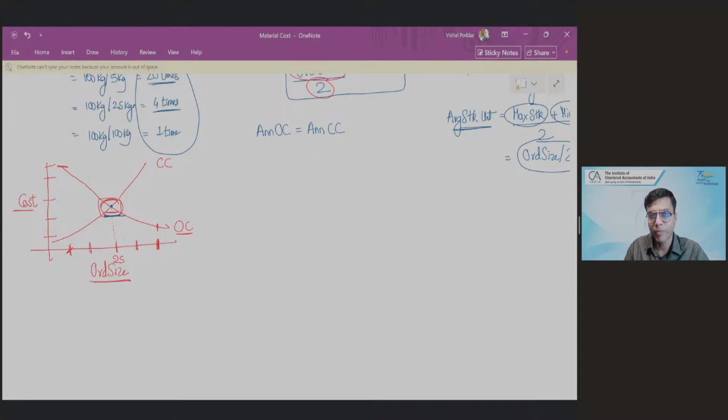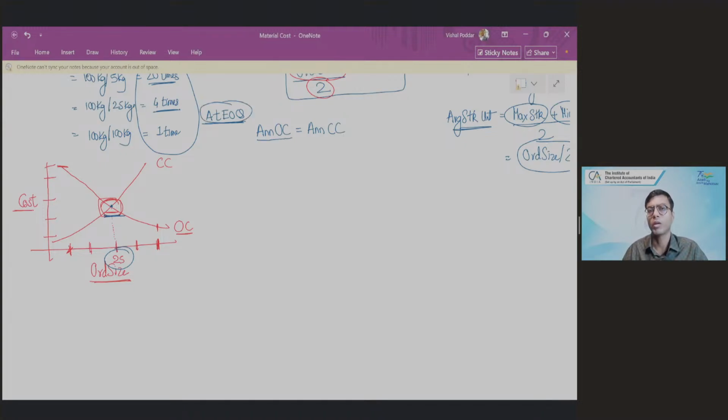So when will you get EOQ? I will get EOQ when, at that quantity you are determining as the most optimal, what is happening? Remember, students, this is going to be the most key factor of this concept for understanding and easily solving the most difficult questions. What is happening at EOQ, students?